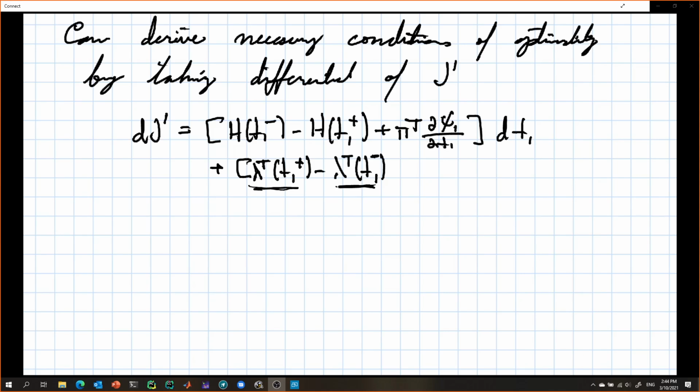That means that the co-states are actually going to be discontinuous. And then we have a Lagrange multiplier times the partial of that interior point constraint with respect to the states. And that's at T1. And here we're assuming the states aren't discontinuous.